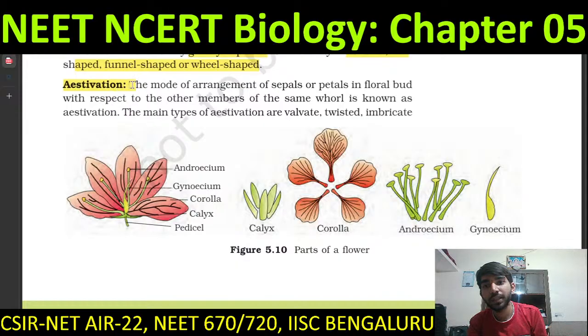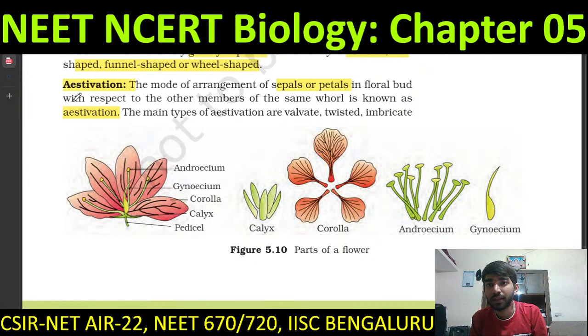Now, the arrangement of the sepals or petals in the floral bud with respect to the other members of the same whorl is known as aestivation. So remember, this is aestivation, not the hibernation kind of aestivation concept. In botany or plant biology, aestivation means the arrangement of sepals and petals with respect to the other floral whorls.